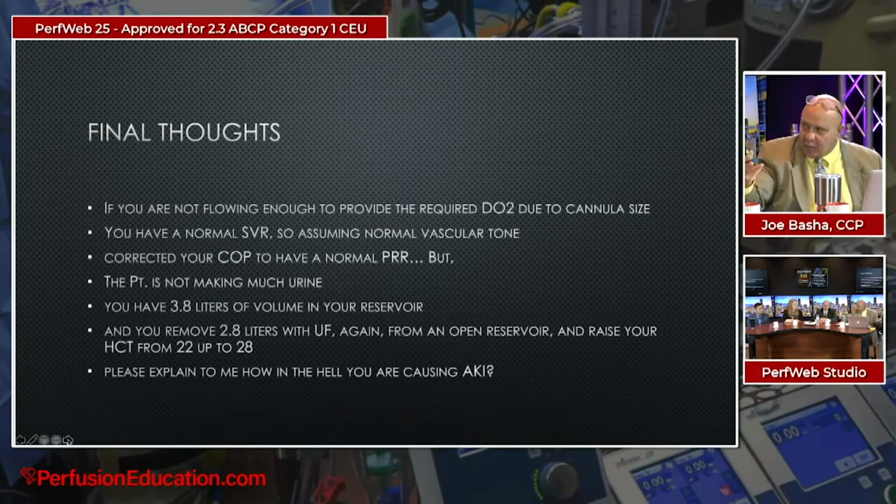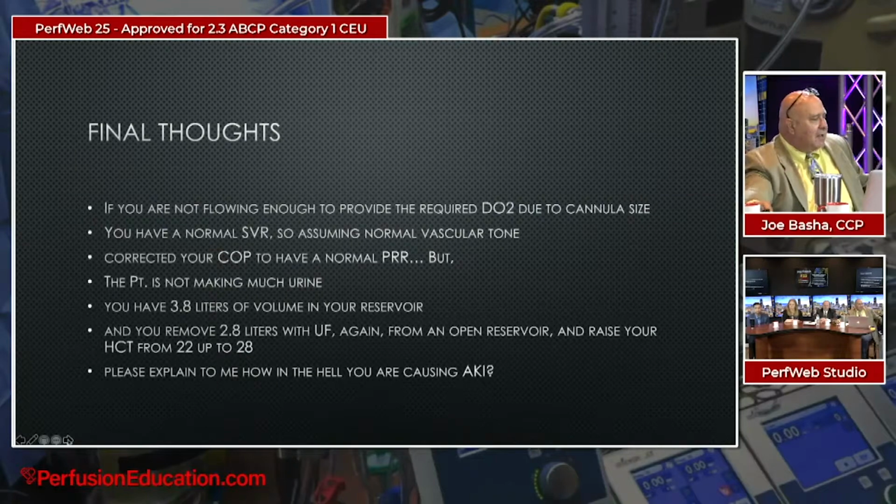It's not truly an open system, but it's still effectively open because it's a displaceable reservoir, right? And you raise your crit from 22 to 28, increasing your O2 content per vols percent. Therefore, your flow being the same, you're now delivering more oxygen to the tissue under that scenario, and you still have a liter of volume in the tank.